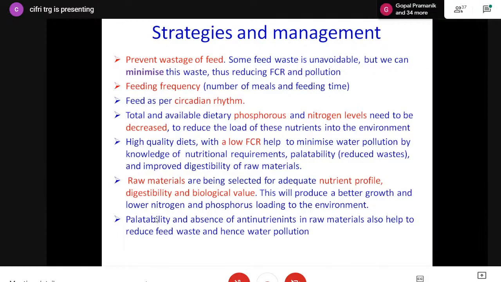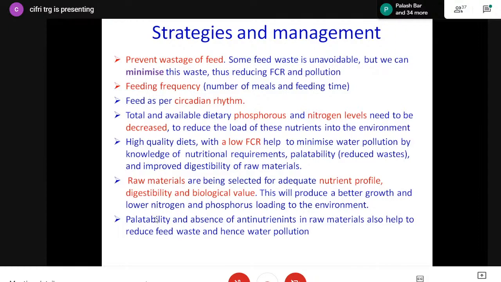So selection of ingredients is another important factor, and those ingredients should have good digestibility. It may be nutrient rich, but it may be digestible for one species and indigestible for certain other species. So which fish we are targeting and what feed we are giving matters.